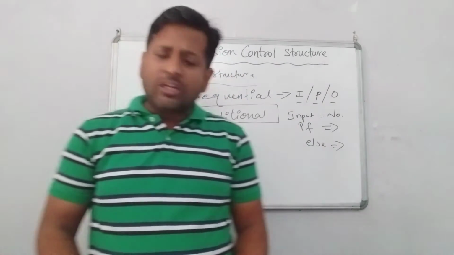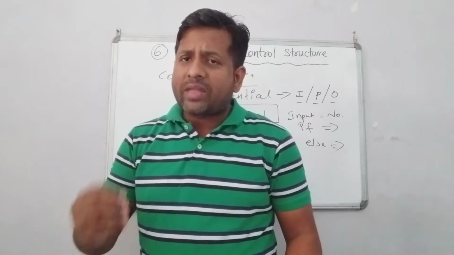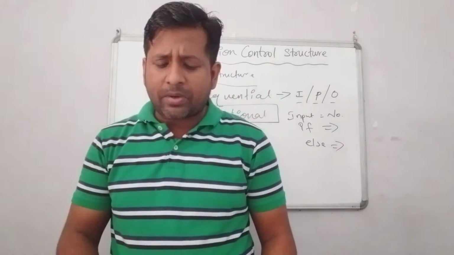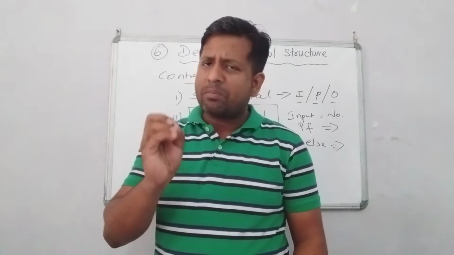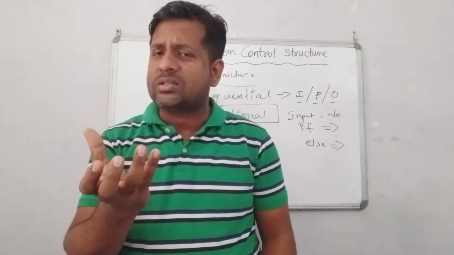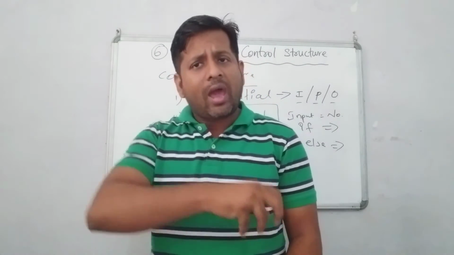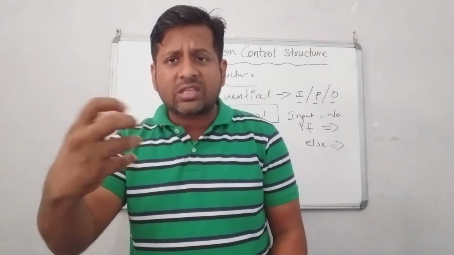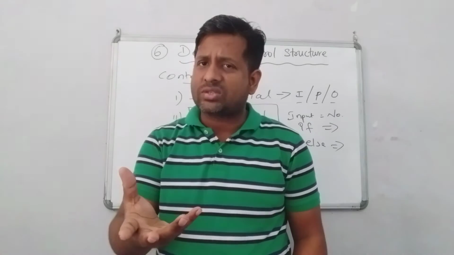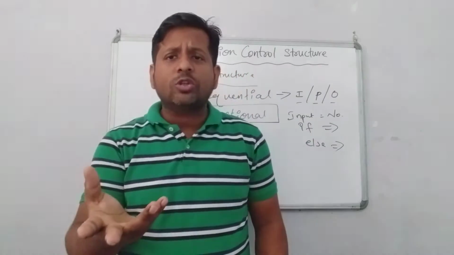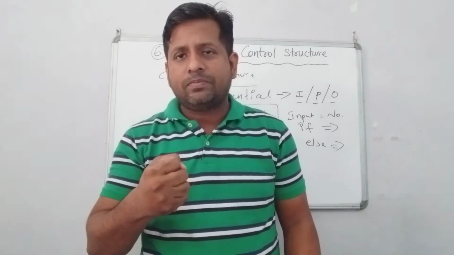So children, conditional control structures are special control structures that execute a set of statements based on the result of a single condition. Like if you divide by 2 and the remainder you get is 0, such numbers are known as even numbers. A simple condition we can also give, children: if the rain will fall, I will carry the umbrella.